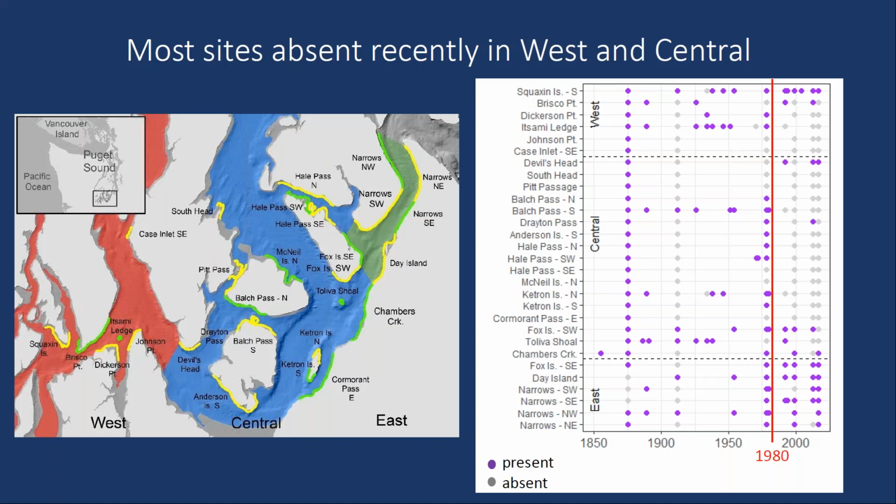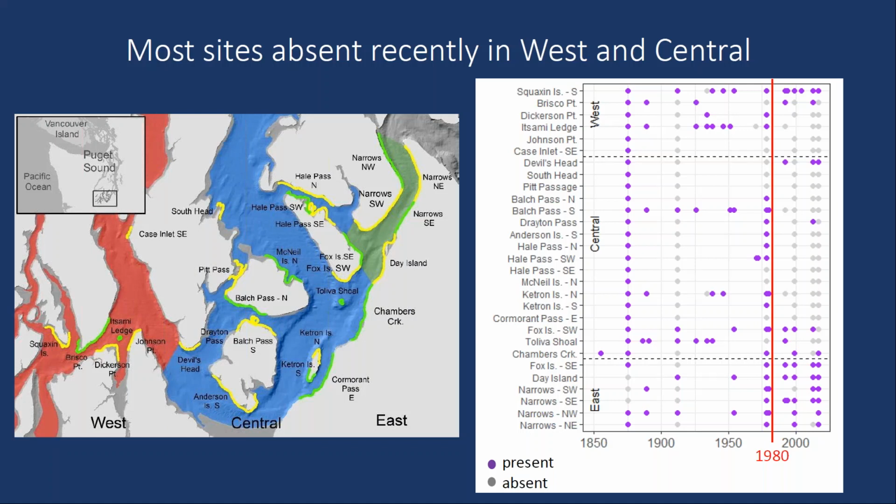And I've drawn a line at 1980, because that was after one of the big mapping efforts. And you can see when you scroll through that, the eastern area, which is the Tacoma Narrows, still has a lot of bull kelp, whereas the two other areas are actually mostly absent.